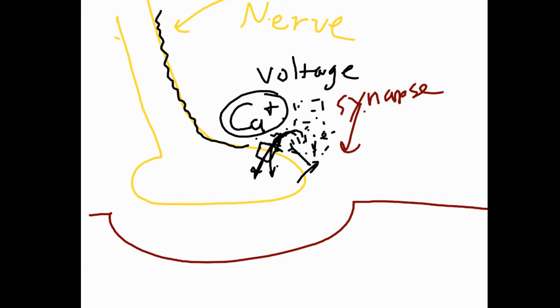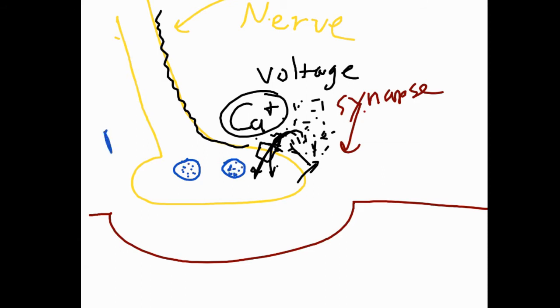Okay. Now, when that happens, what we're going to see is inside there are a bunch of axonal vesicles, put together by the Golgi apparatus, right? This is the endomembrane transport system all over again. And inside there, all these little blue dots are something called a neurotransmitter.